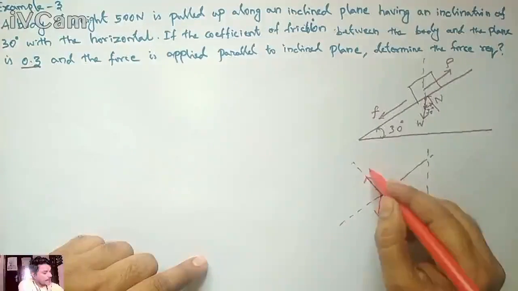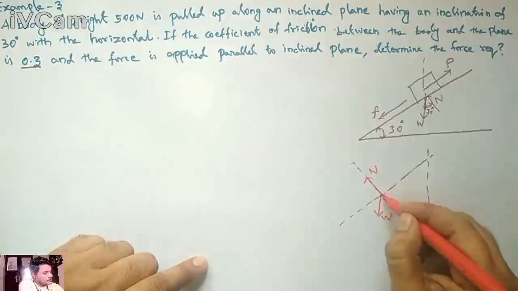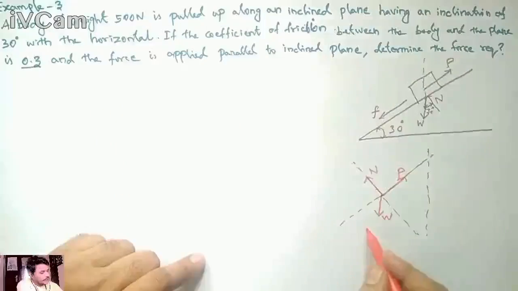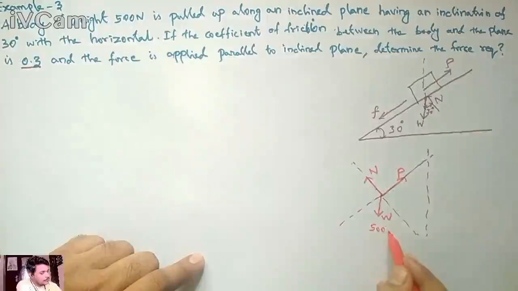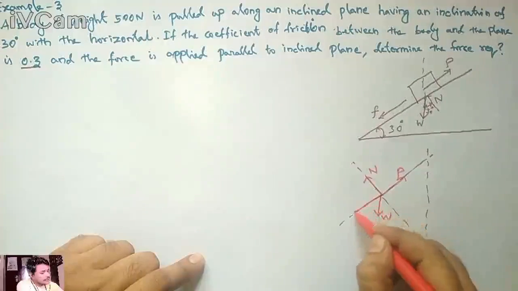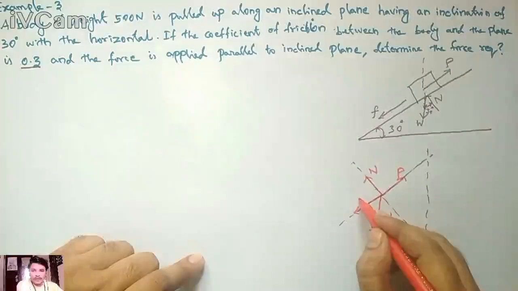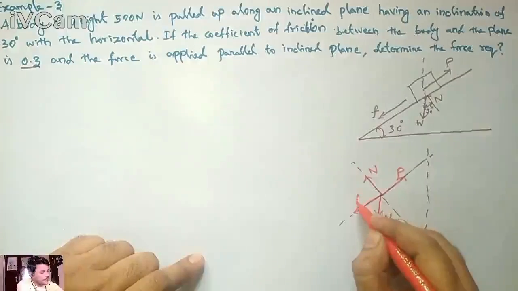This is N and this is P. The weight of the body is given as 500 Newton, and the frictional resistance is acting in this direction. This is F, small f.